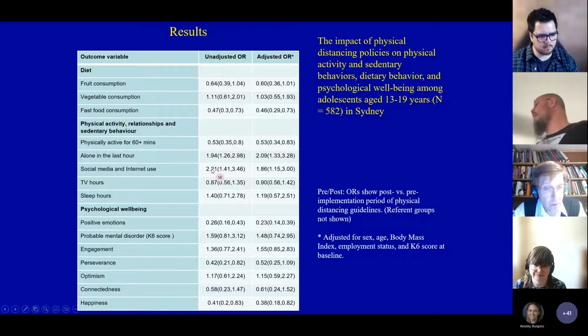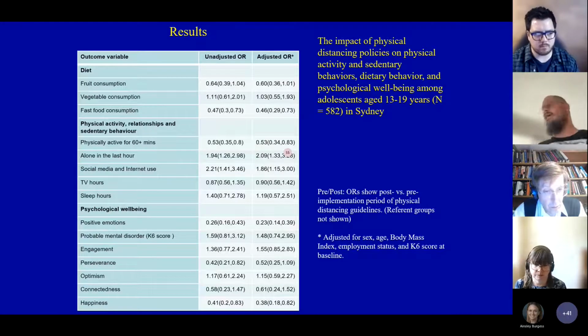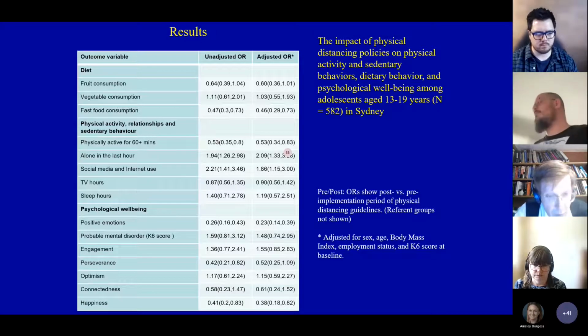We had a decrease in physical activity, although we were allowed here to leave the home for exercising, of course. Without the daily activities, physical activity was less likely to happen. We also saw an increase in the time they spend alone.